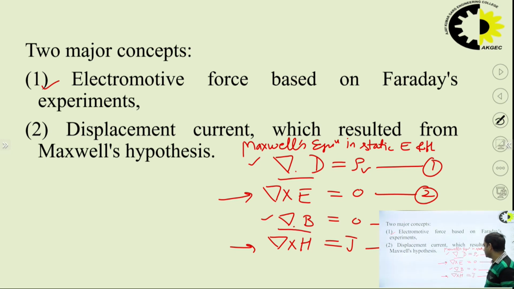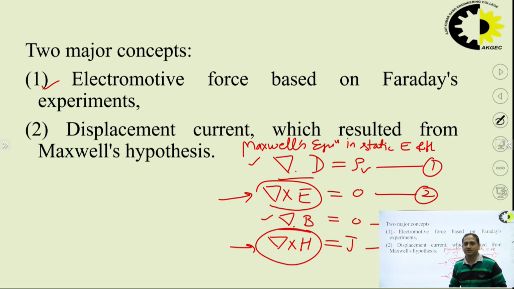Del dot B expresses the non-existence of monopoles. So the modification will occur in del cross E and del cross H. Based on this, we will discuss the complete Unit 5, and how the modification occurs in Maxwell's equations.